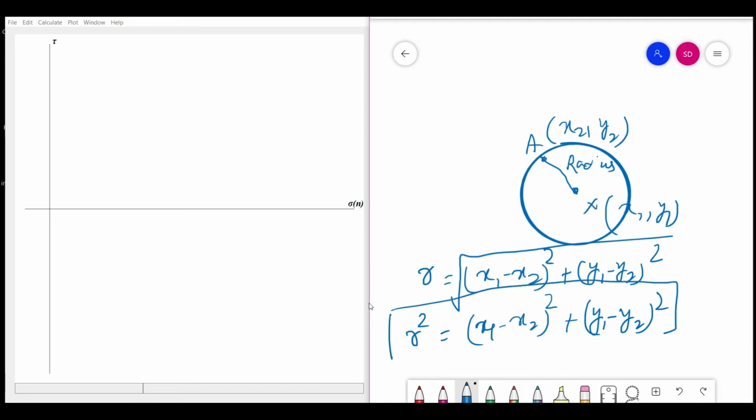So using this principle, we'll calculate the coordinate of the center and also the radius of the circle, and hence we'll be able to draw the Mohr circle.